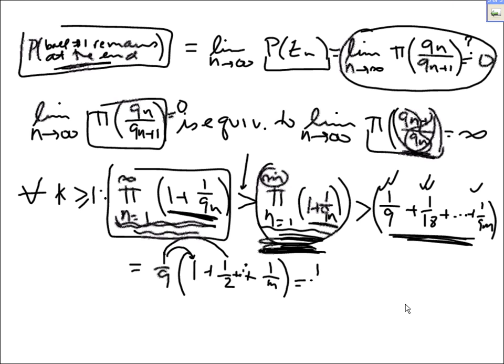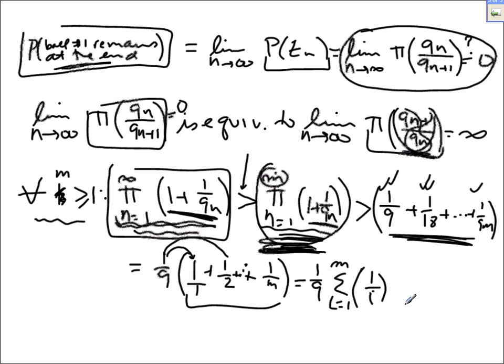Well, this does equal 1 over 9, keeping in mind that's 1 over 1. I'm going to write what's in the bracket in sigma notation: the summation of 1 over i as i goes from 1 to m. Okay. Now, I guess at the very, very beginning here, I should have said for all m.